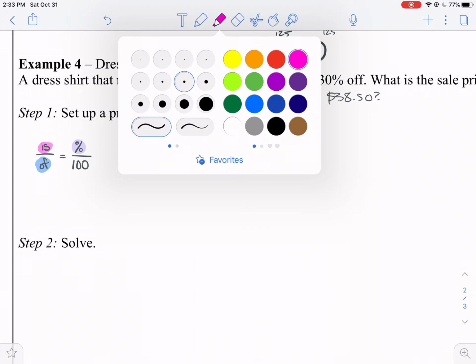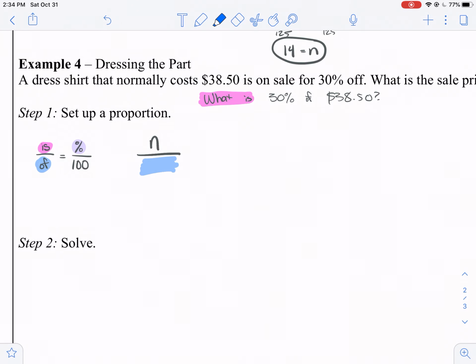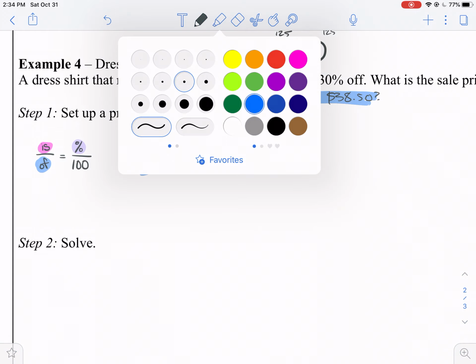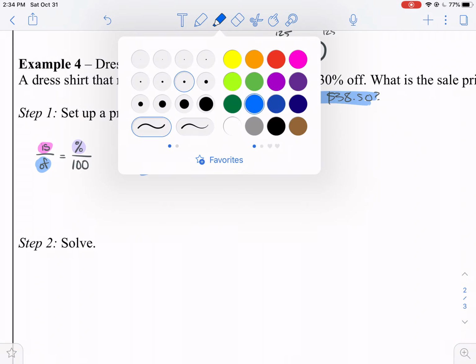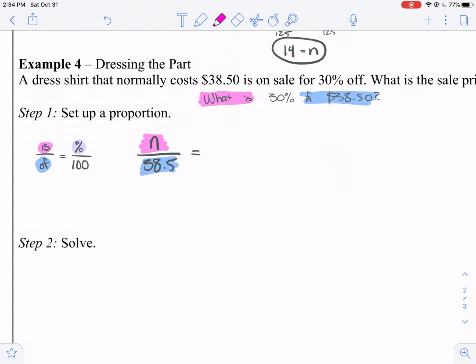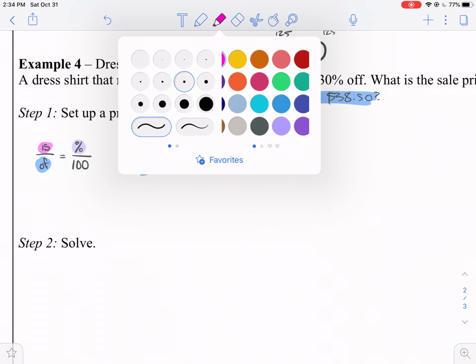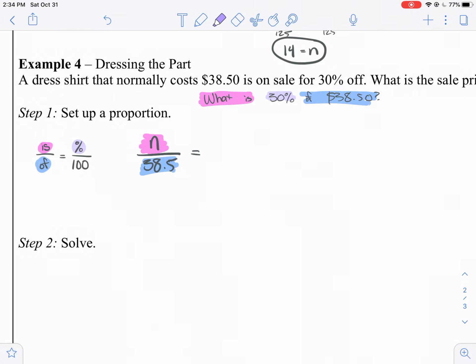Well, what's our "of" number? $38.50. How about we just do 38.5? And finally, what is our percent? We know our percent is 30% because it's 30% off. Yay.